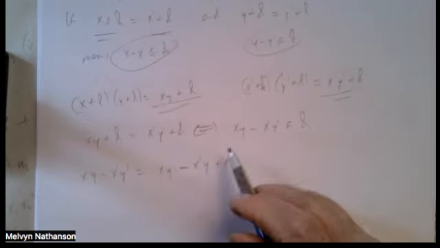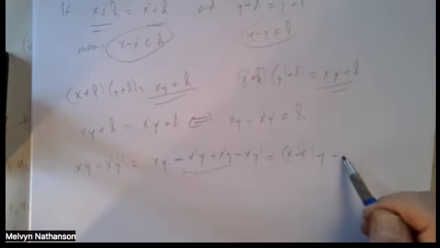I just added and subtracted the same thing, I've just added 0. Using distribution, this is x minus x prime times y, plus x prime times y minus y prime.